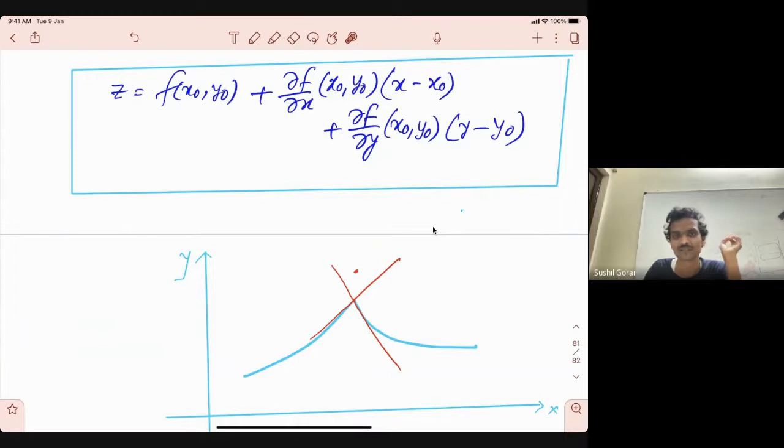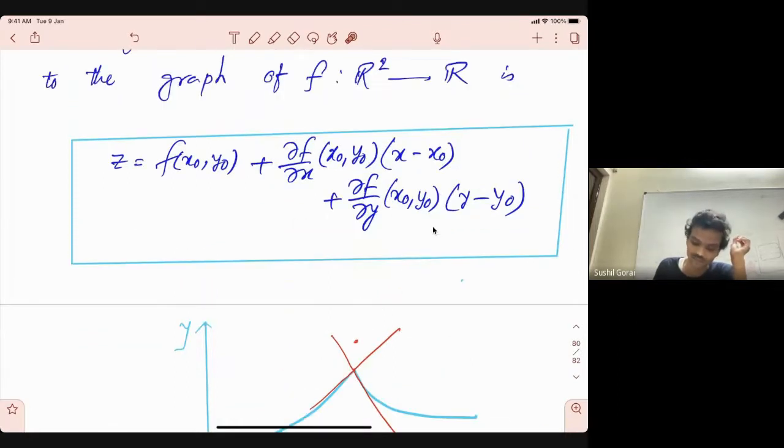Okay, sir. Yeah, not exactly. See here, the derivative in your case, what happens? This is zero. This will also be zero at 0, 0. So what you get is the constant plane. So something like this.